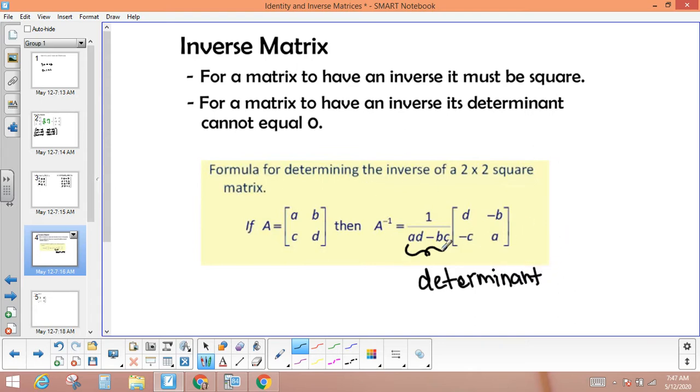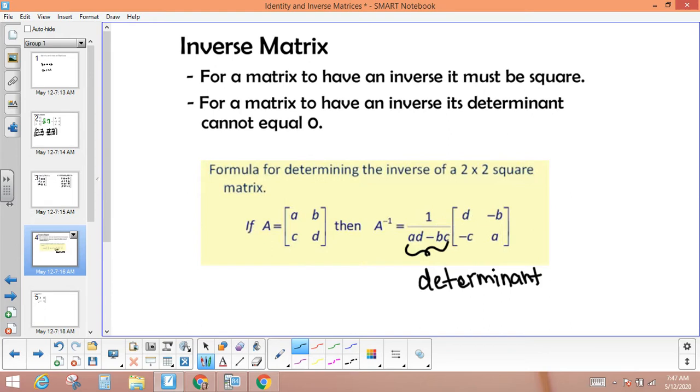If that was 0, then we would be undefined, so there would not be an inverse. So if you're trying to find the inverse, remember that undefined is an option. It doesn't have to have an inverse. Not every matrix will have one. Not even every square matrix is going to have an inverse.